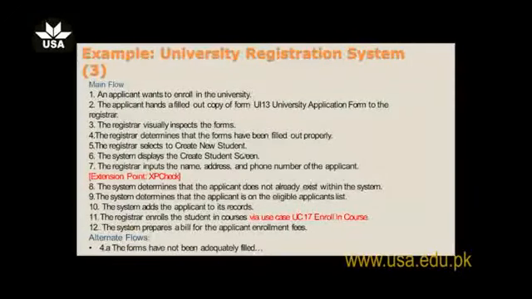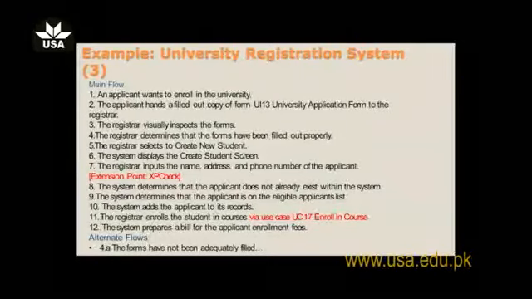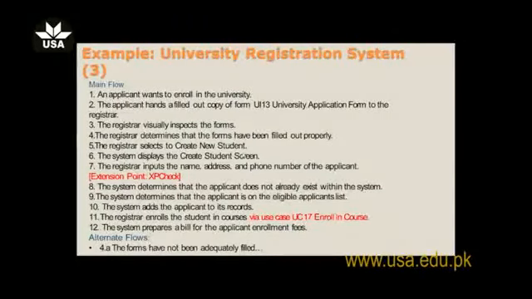So there is an extension. The system determines whether the applicant is on the eligible applicant list or not. Obviously this is again an additional check where we process the student and check whether the student is eligible or not. And the system adds the applicant to its record.